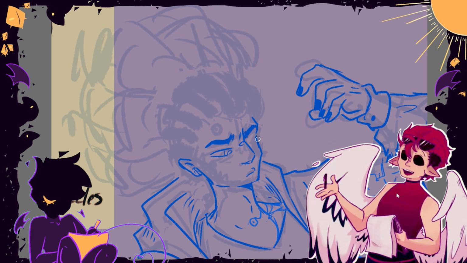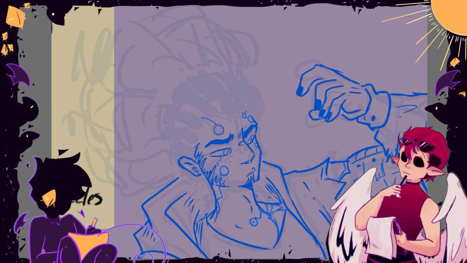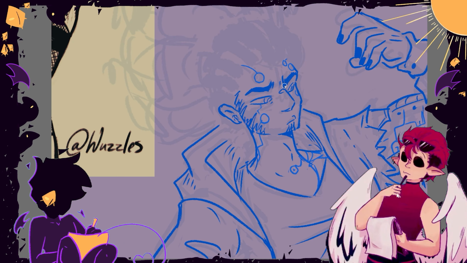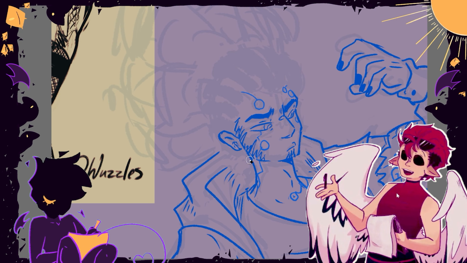love seeing disabled representation anywhere, of course, but specifically in fantasy and sci-fi worlds. I saw a quote recently that if your fantasy or sci-fi world doesn't have disabled people, that's not just magic, that's eugenics. Disabled people exist everywhere.